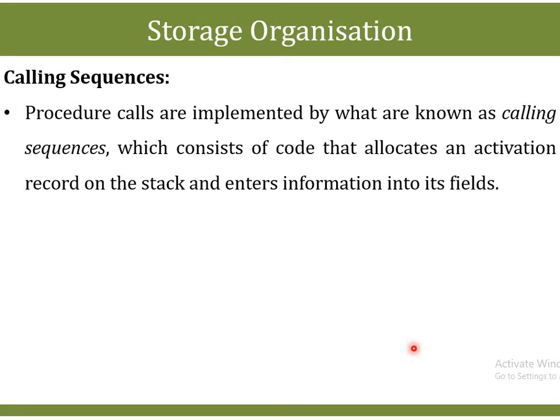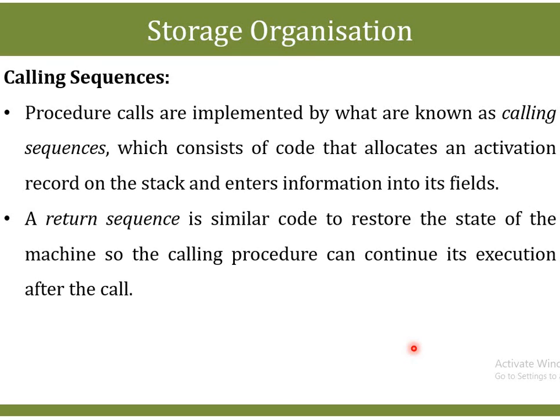Once the activation record gets created, the record will be placed on the stack. And there is something called the return sequence. The return sequence is similar code which is used for restoring the state of the machine.